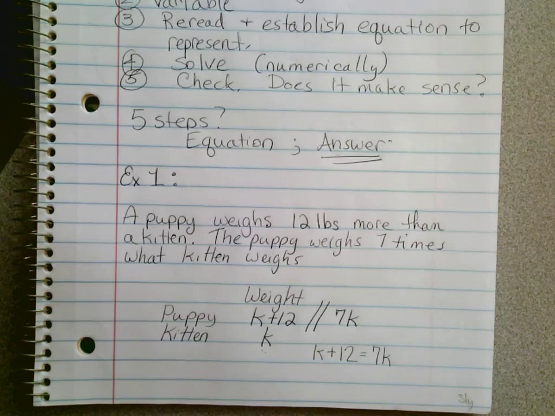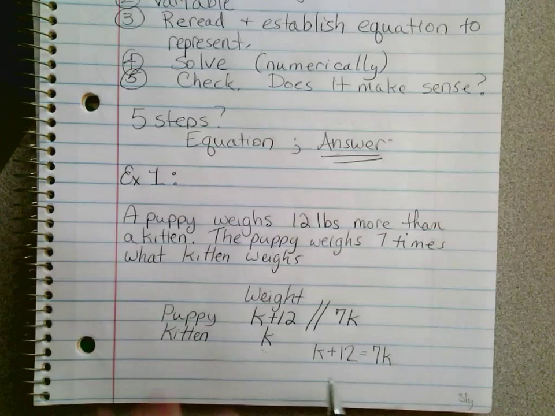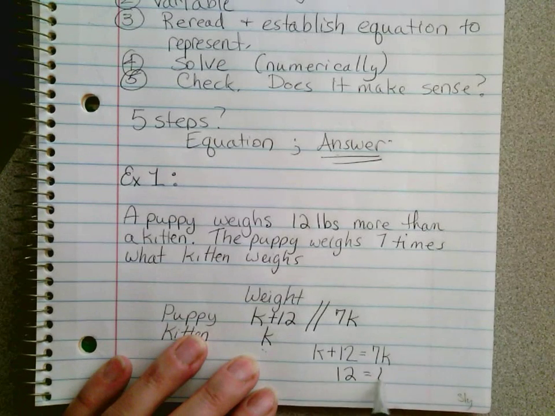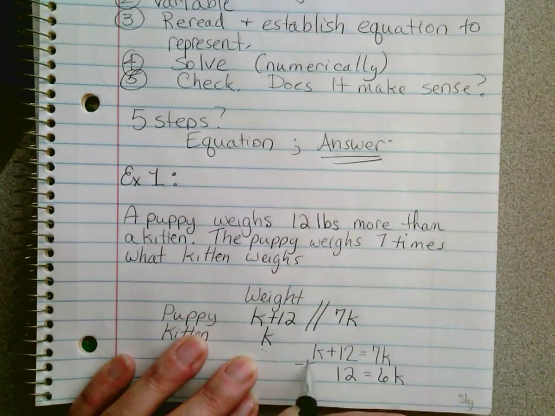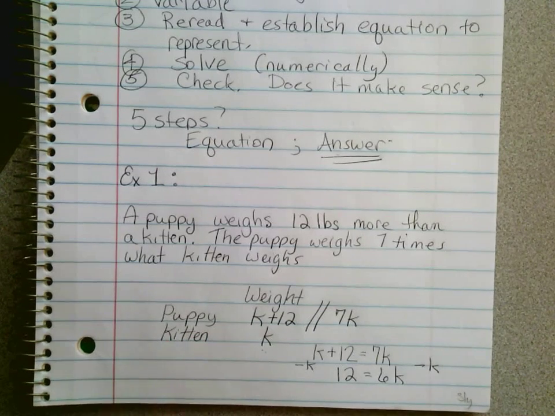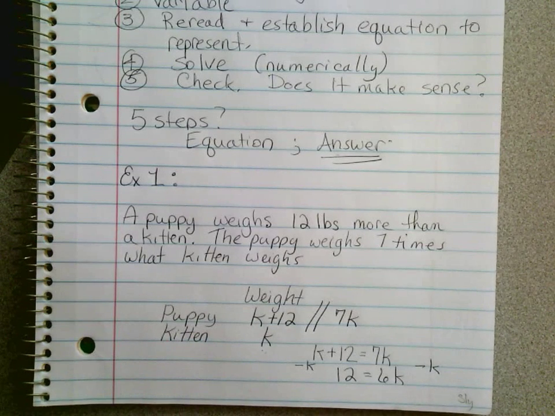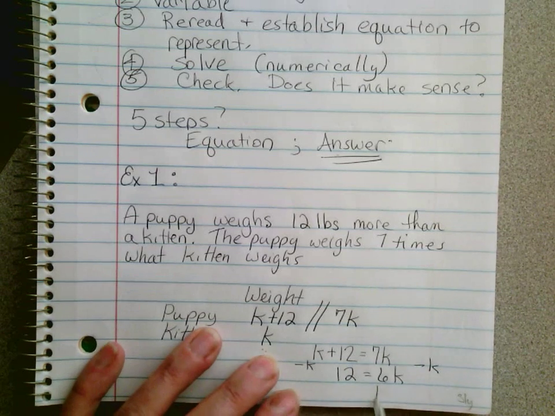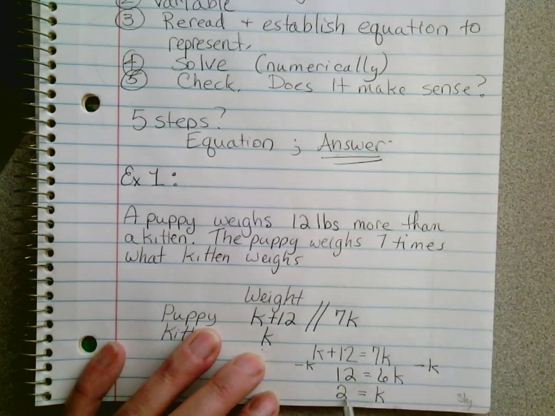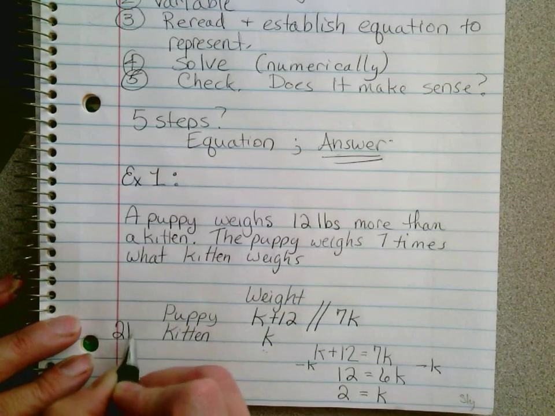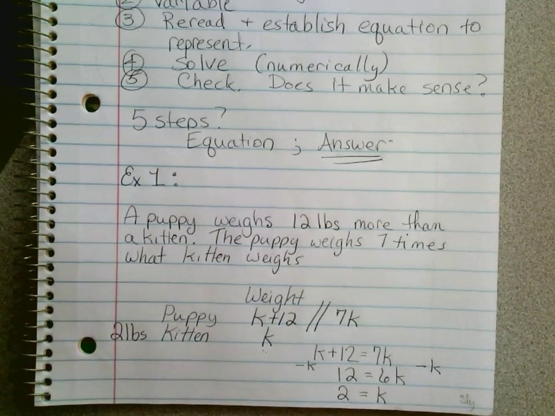I am going to subtract K, and that gets me 12 equals 6K. Does everybody see that I just subtracted K here? Okay. 12 equals 6K. That means K is equal to 2, right? So it looks to me like kitten weighs 2 pounds.